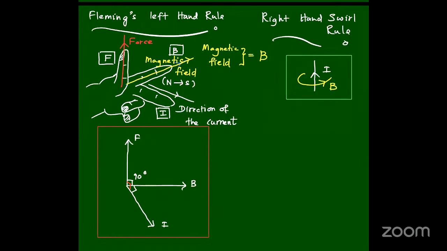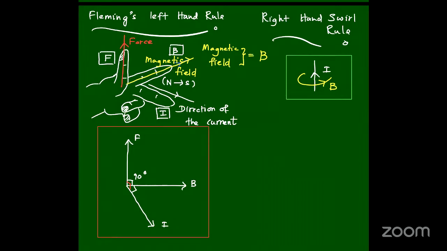Now don't mix these two together. With the right-hand swirl rule, we are dealing with just the current and the magnetic field. But with Fleming's left-hand rule, we are dealing with the force as well.